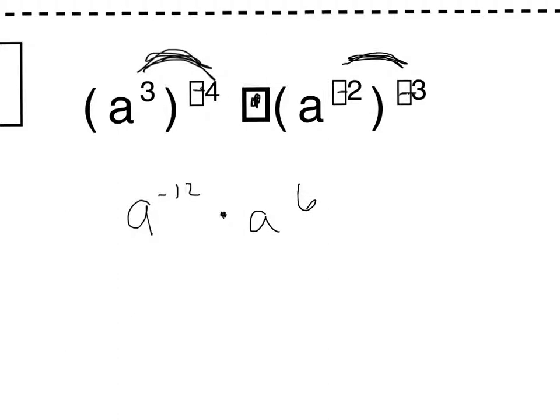So now, once you have the same base and they're multiplied together, you can add the exponents. And if you add negative 12 and 6, that would give you a to the negative 6. But what do we do with negative exponents? We can't have them. Okay, so if you have a negative exponent upstairs, remember you send it downstairs. So we would have 1 over a to the 6 for our solution.